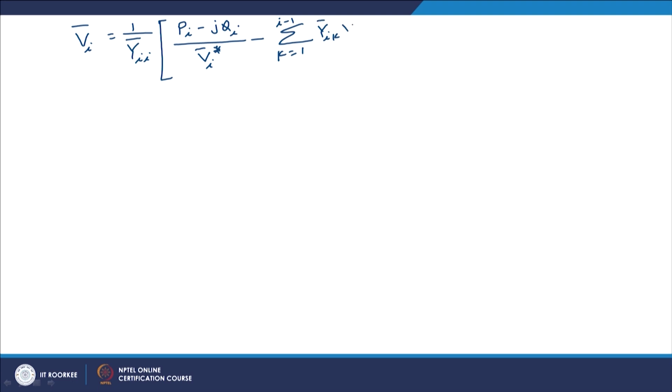Finally we have Vi is equal to 1 by Yii times (Pi minus jQi) by Vi star minus the sum for k equal to 1 to i minus 1 of Yik Vk minus the sum for k equal to i plus 1 to n of Yik Vk.